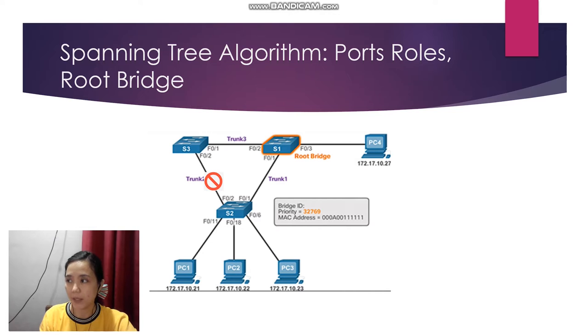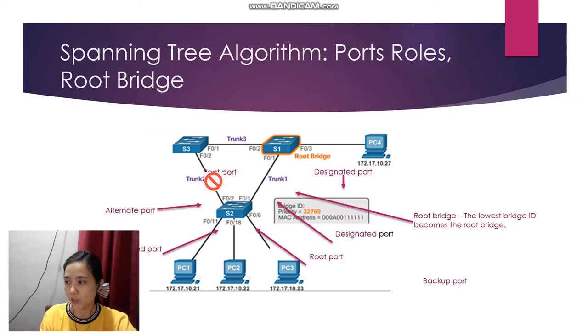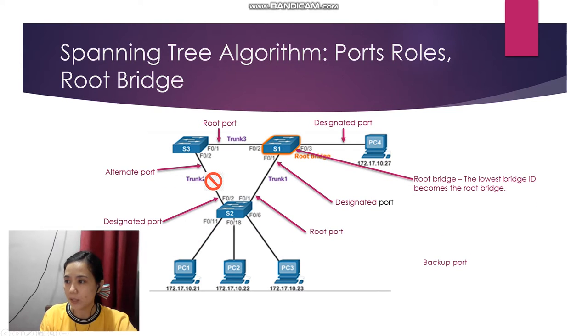Spanning tree algorithm: port roles and root bridge. This is the root port, the designated port, again the root port, the designated port, and the alternate port. The root bridge is one layer 2 device in the switch network.